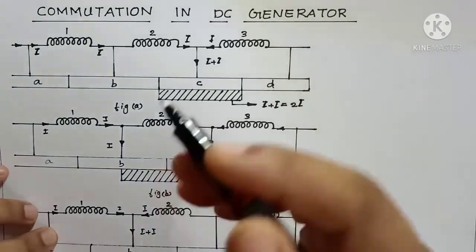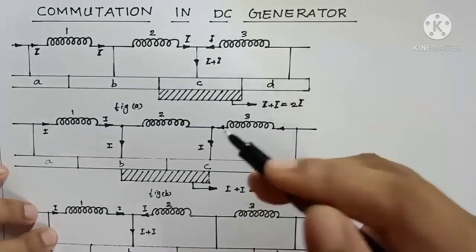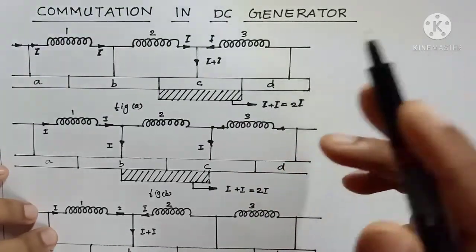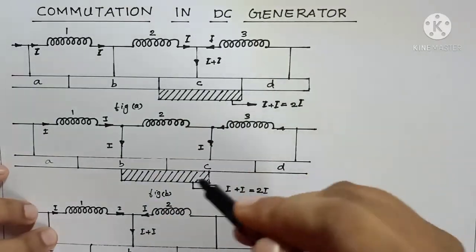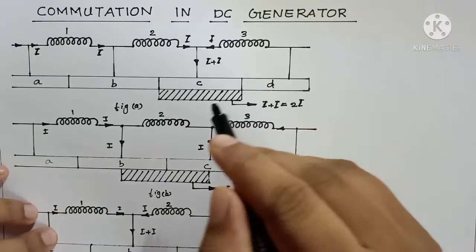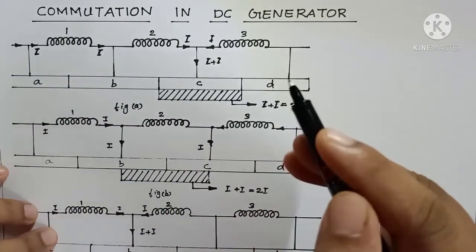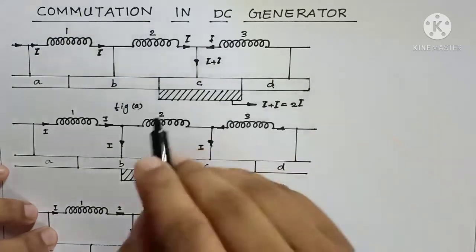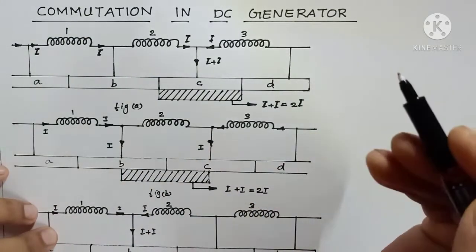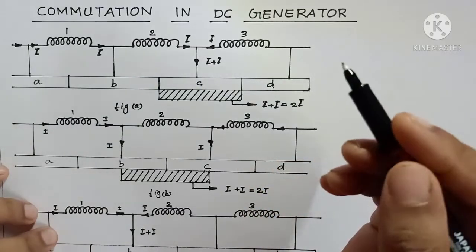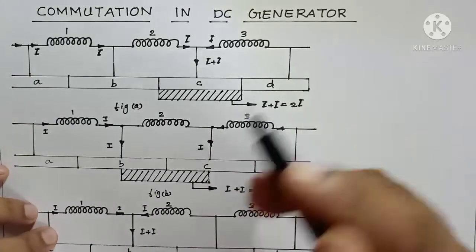This gets reversed again when these conductors come under the north pole, and again when they come under the south pole. This is an alternating, rotating process. So the reversal of current will take place along with the commutator segments.